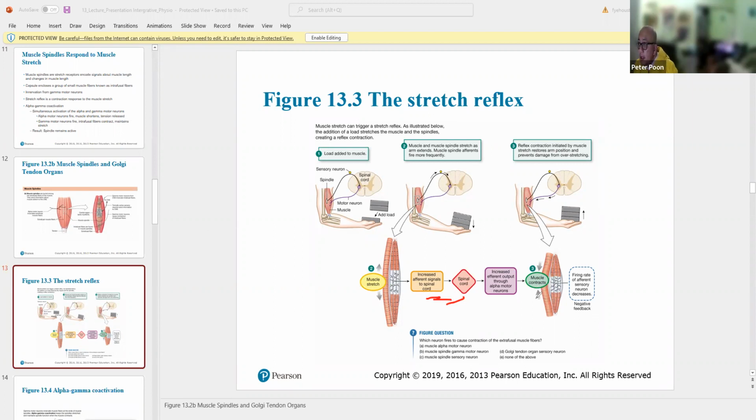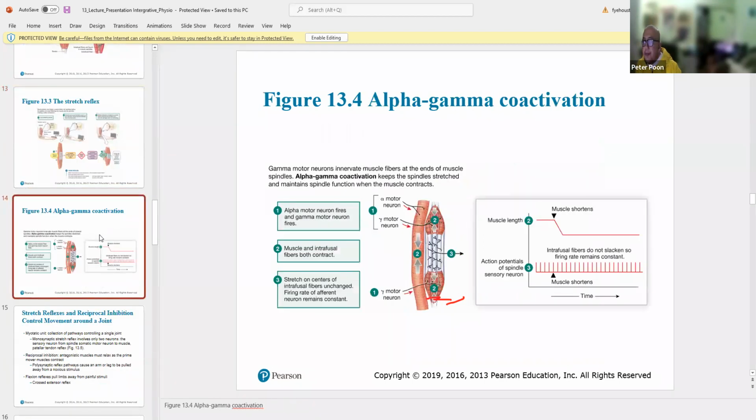So the stretch receptor contracts as well as the muscle contracts, and you go back to normal. That is the alpha and gamma motor neuron co-activation. Both the muscle and intrafusal fibers contract, and so you go back basically to normal.